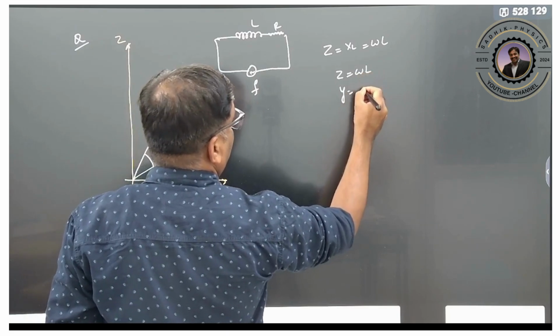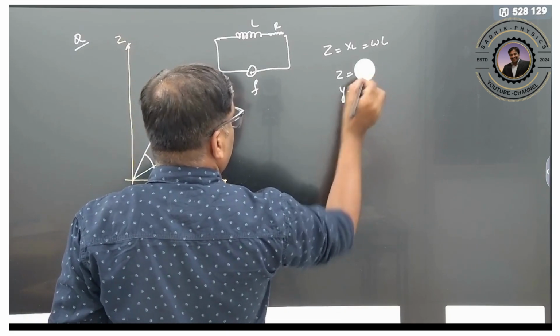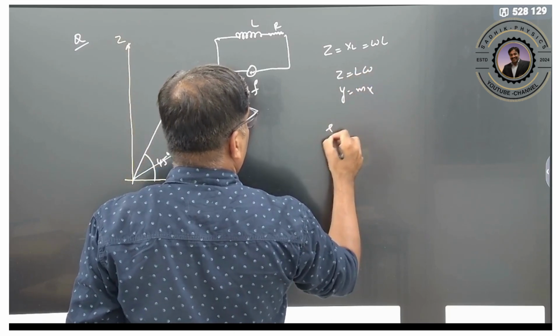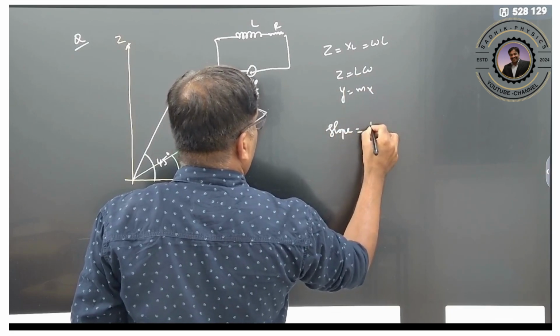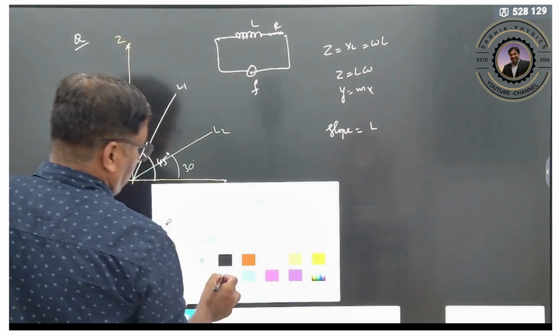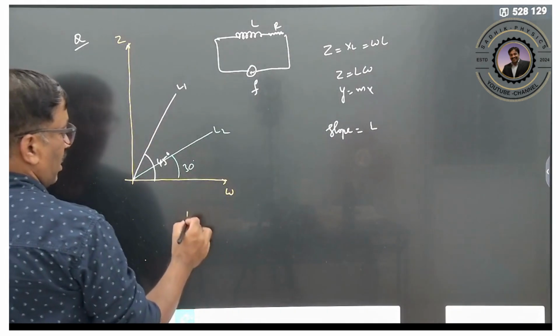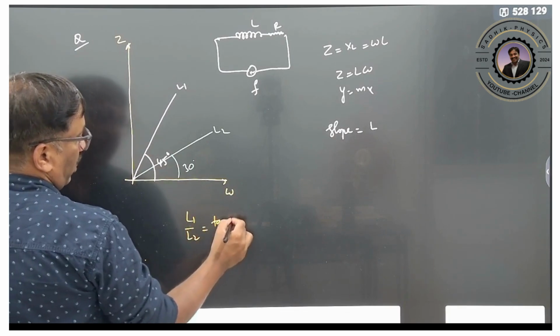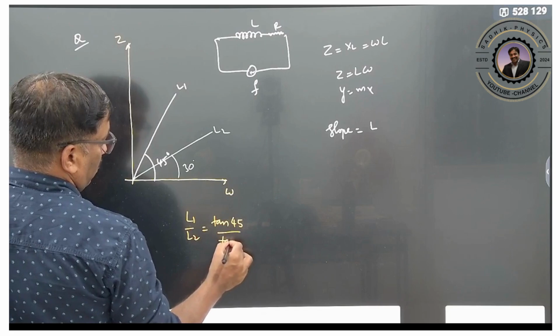Therefore here omega L is nothing but L into omega, therefore Mx. Therefore the slope you will get is L. Now we want to find L1 by L2, that is nothing but the tan slope. Therefore tan 45 by tan 30.